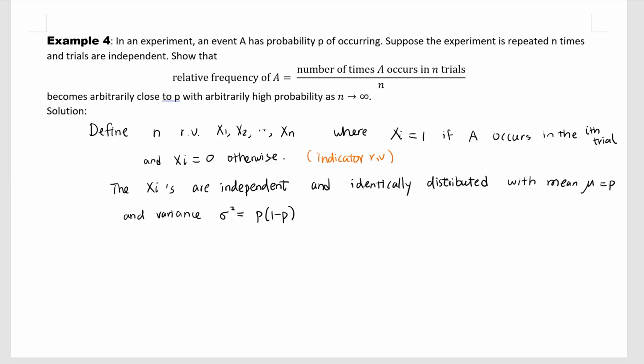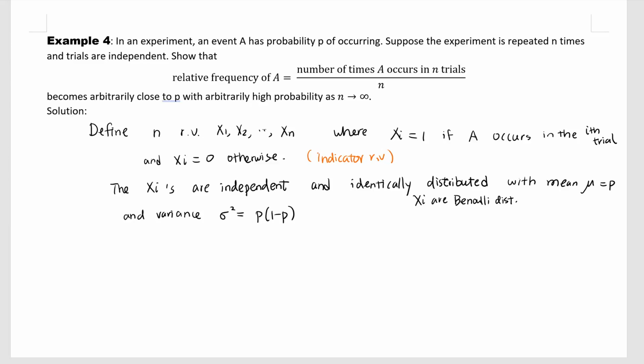Because all of these xi's have a Bernoulli distribution. The Bernoulli distribution is one trial, either success or failure.